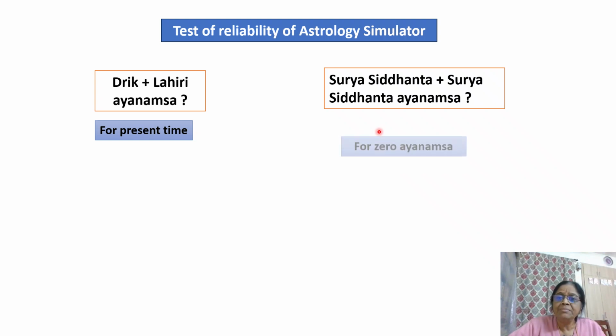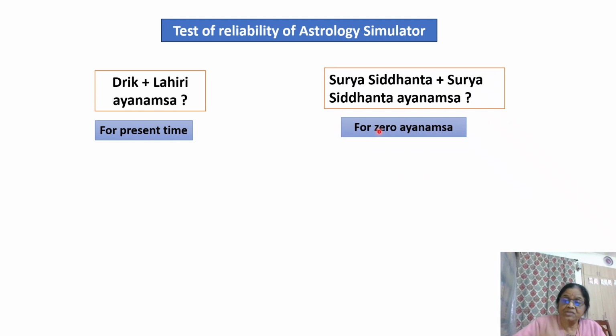Whereas the Surya Siddhanta ayanamsa, there is one advantage in that. That is at the time of the Yuga beginning. Any Yuga that begins, like Kali Yuga. We know Kali Yuga began when Krishna left the world. So Krishna was the Mahabharata character. So at that time, it will be at zero ayanamsa.